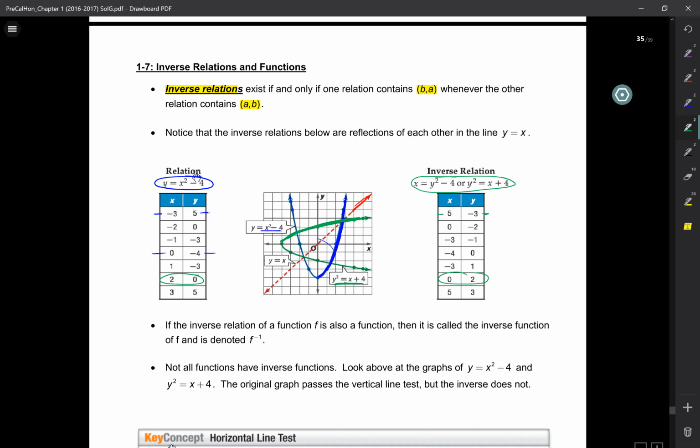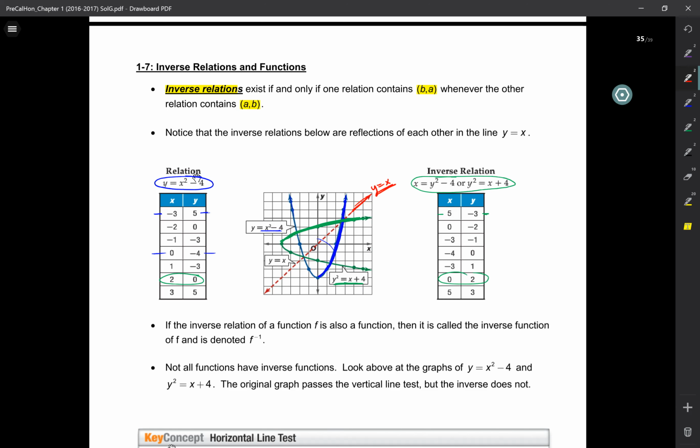And if I now reflected the other part along the same red line, I would get the bottom part. So you can see that the inverse relation is the reflection of the function along the line y = x, this line right here.